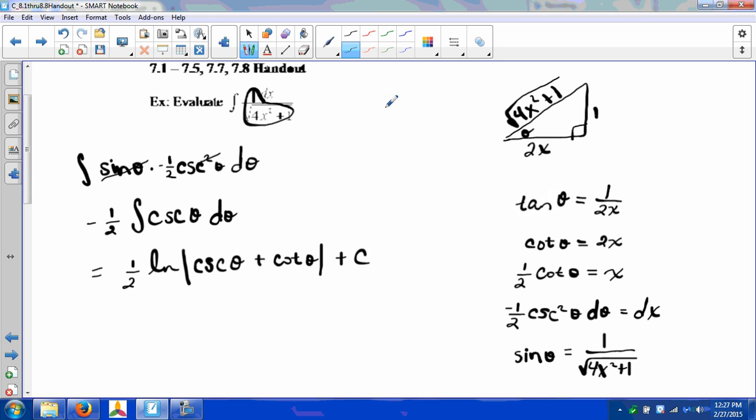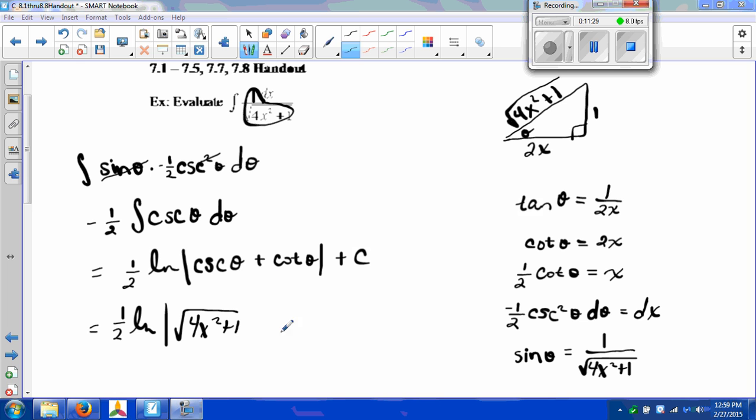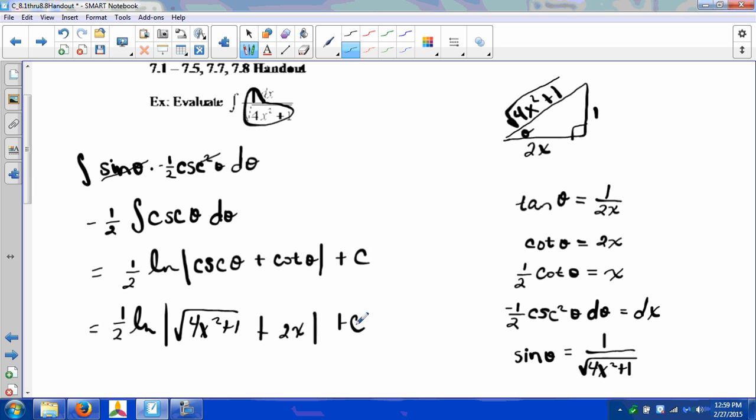Cosecant is 1 over sine, so it's going to be that, or the reciprocal of that, I suppose. And the cotangent is 2x. There it is.